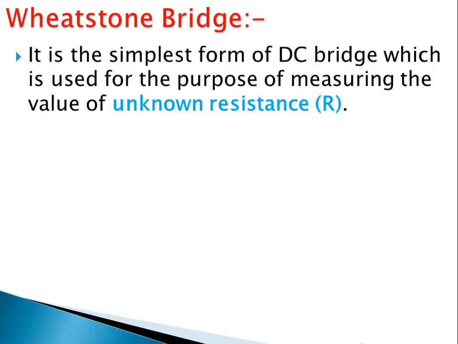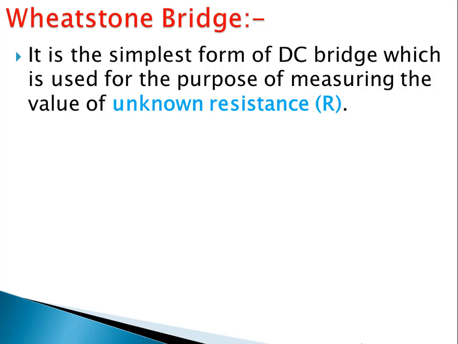Wheatstone bridge is the simplest form of DC bridge, which is used for the purpose of measuring the value of unknown resistance. Here, Wheatstone bridge is one of the best examples of a DC bridge circuit, which is used for determining only the value of unknown resistance.